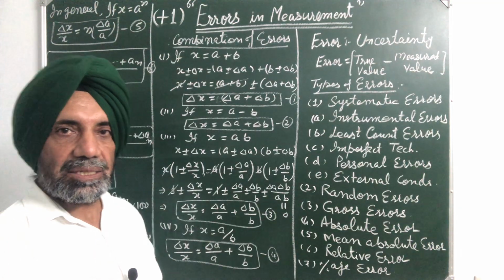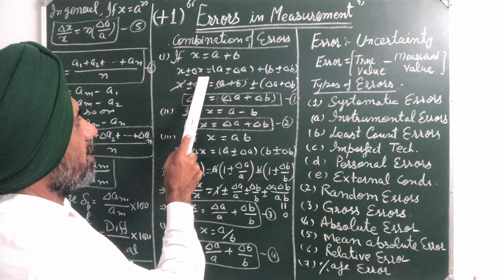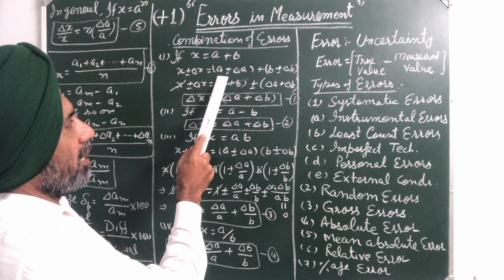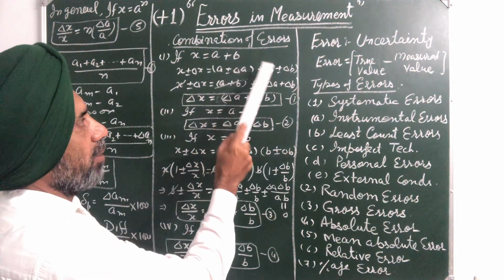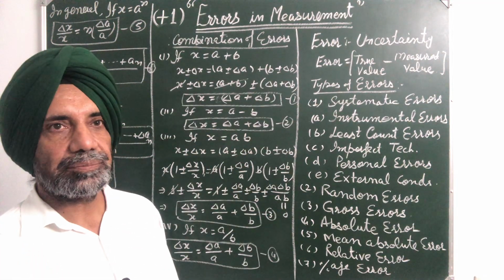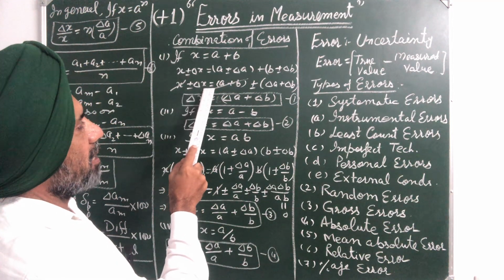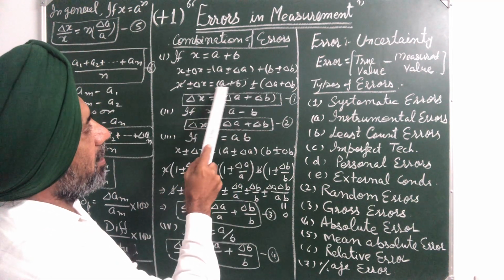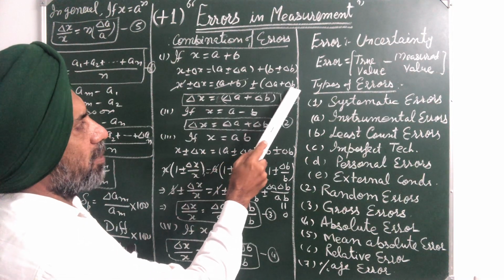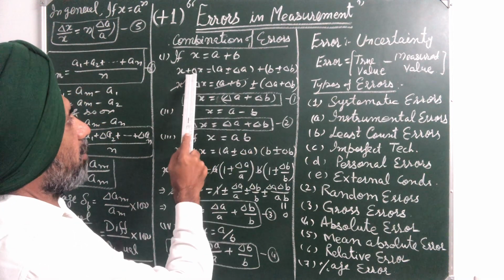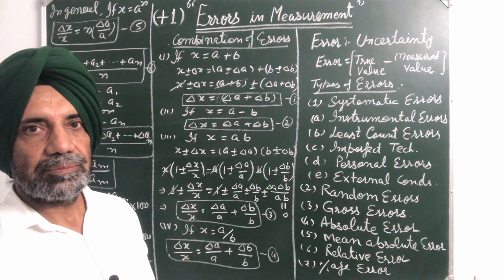Then the corresponding absolute error in x is given by x plus minus delta x. Instead of a we write a plus minus delta a. Instead of b we write b plus minus delta b. So a plus b plus minus delta a plus delta b. Because x is equal to a plus b, it cancels.